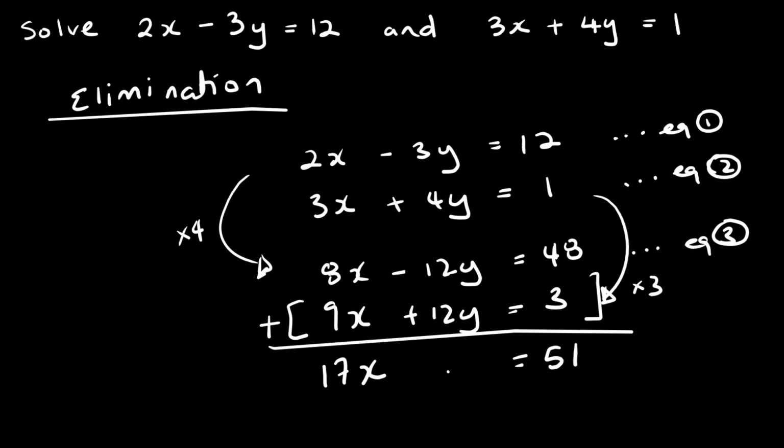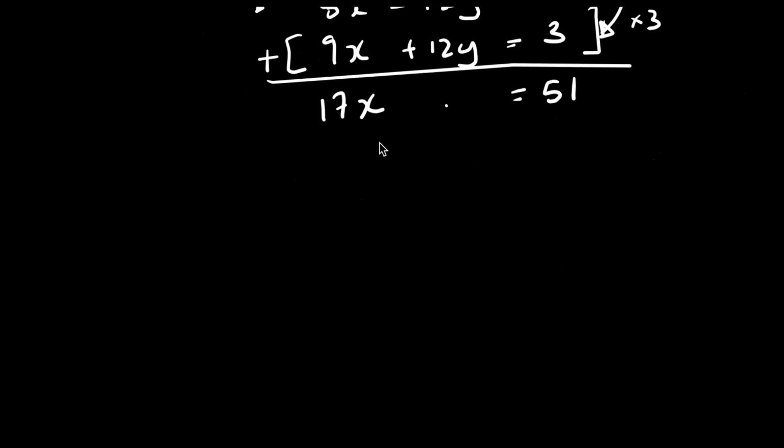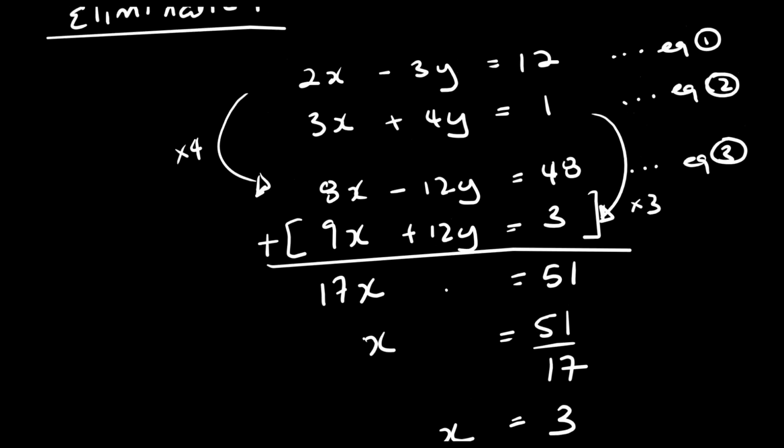Now, what we're going to do is solve this, because it's almost done now, right? We're going to end up with 17x being equal to 51, which means x is equal to 51 over 17, which should be 3. Yeah, pretty much. So x is equal to 3, and now we need to find a value for y, but we have 2 equations we can substitute this into.